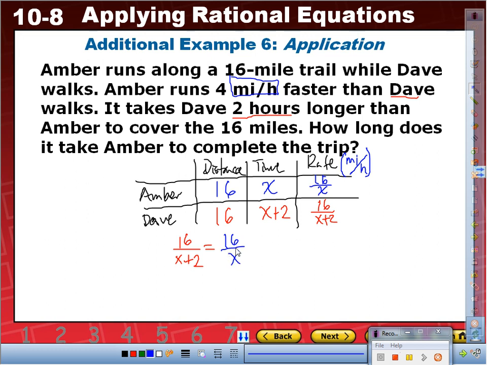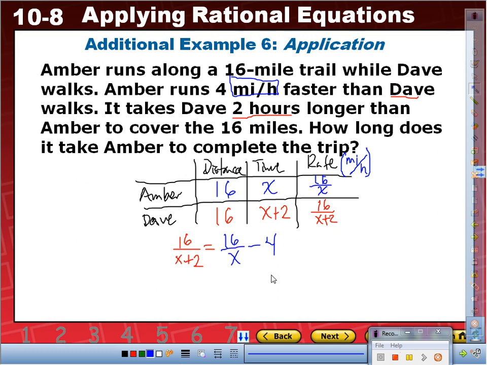We're talking about here, we already got the time compensated for. 4 miles an hour. So if she was faster by 4 miles an hour, do I put plus or minus? Minus 4.